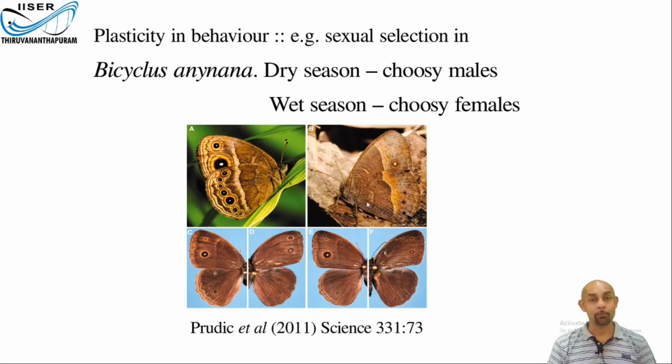The same environmental cue, temperature, can give you either this morph or this morph, and when you look at the behavior of the two morphs, you find differences in sexual preferences. It's not really clear why they have these differences across seasons, but yet it's a very fascinating phenomenon which they have found.